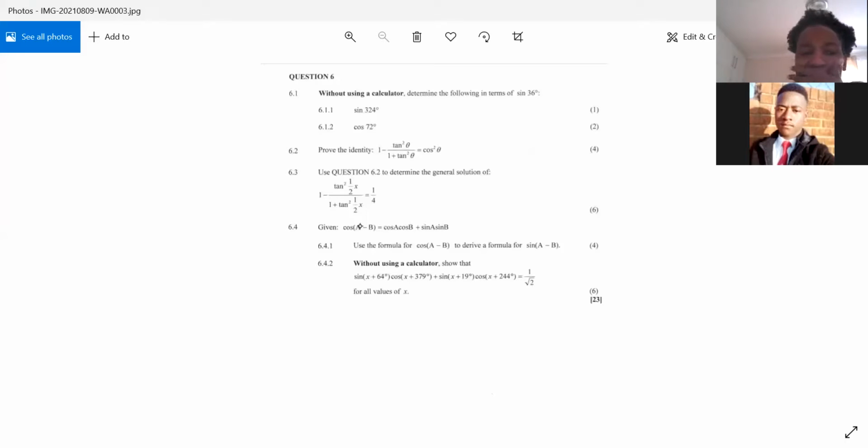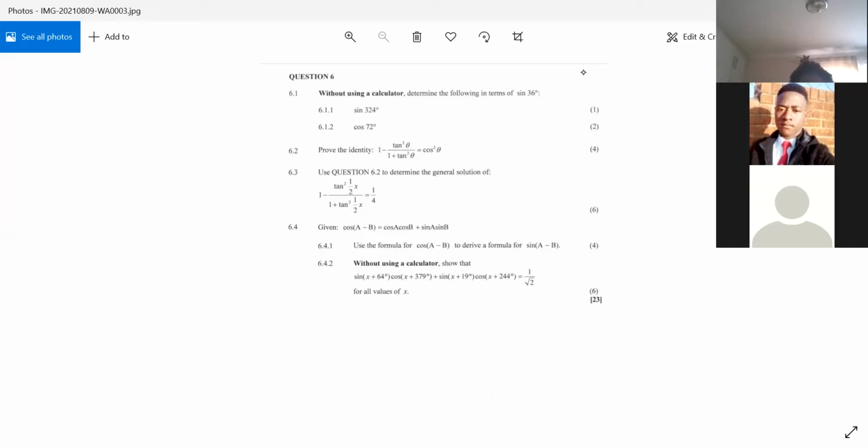Can you guys see on the screen? Yes. Okay. Right, so let's try this one, question 6. So without using a calculator, determine the following in terms of sine 36.